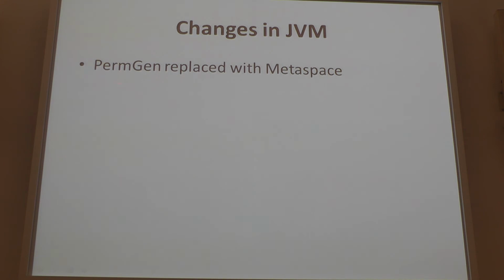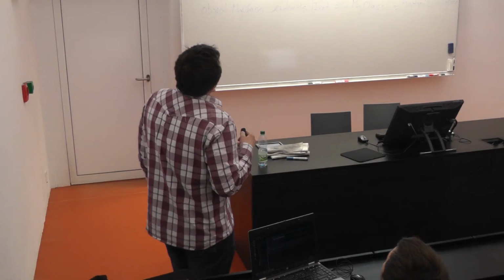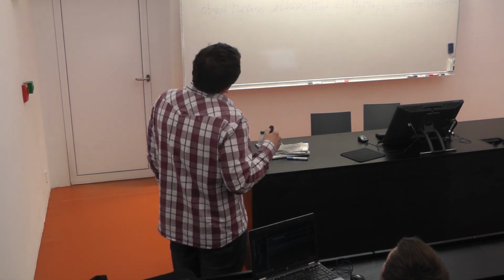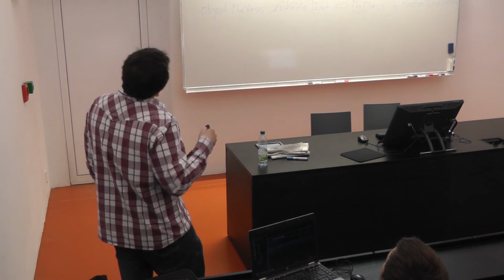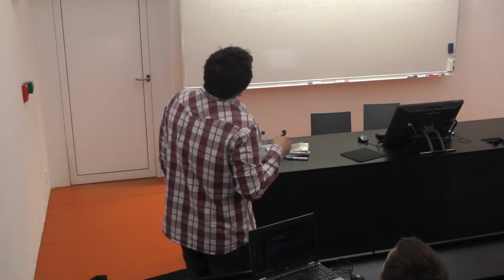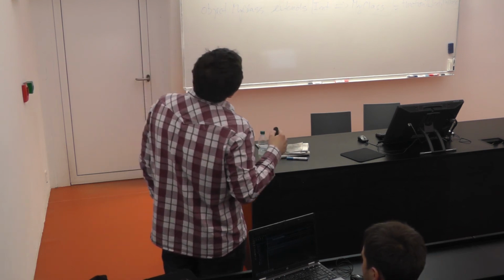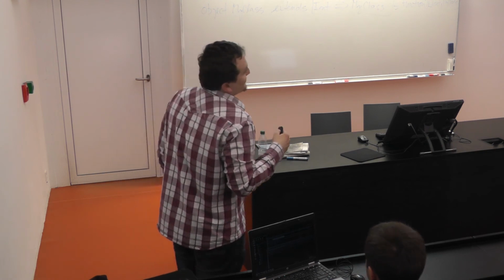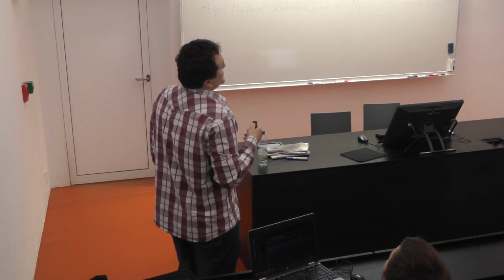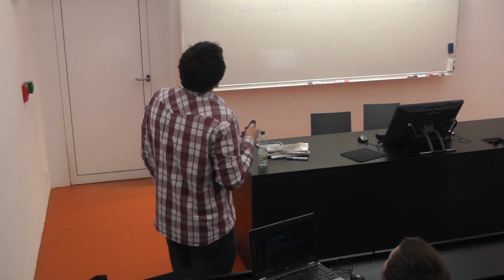The permgen space is where class definitions are stored, and in Scala, as we've seen here, because of the implementation of the lambda expressions, you have a lot of classes. You can sometimes run out of this memory space, and because it is limited, when you start your JVM, you tell it by command line parameters how big this should be, and the metaspace, the replacement for permgen, is unlimited by default. So it will be a fun new source of memory leaks in future Java applications.